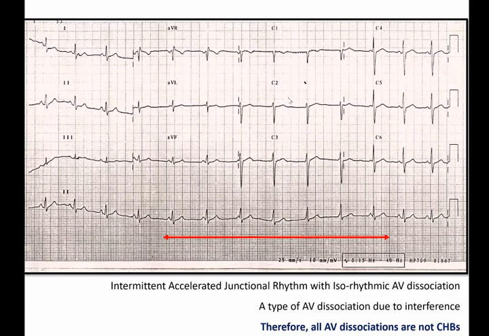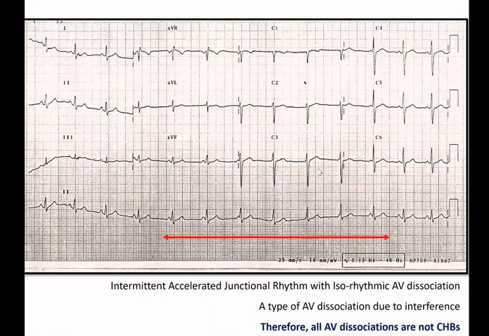I have heard many times, especially cardiac surgeons, saying this patient is having AV dissociation, see whether this patient needs a pacemaker or not. This is an inappropriate term to use, though we understand what the surgeon is likely saying, because AV dissociation can occur in VT as well as in a scenario like an accelerated junctional rhythm.